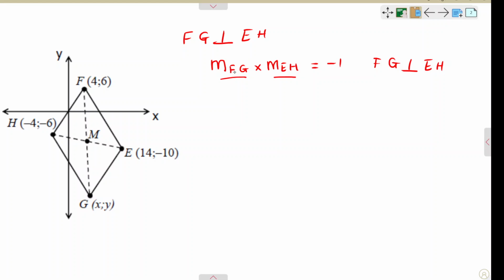But if you multiply the gradient of FG by the gradient of EH and you don't get -1, that means FG and EH are not perpendicular.